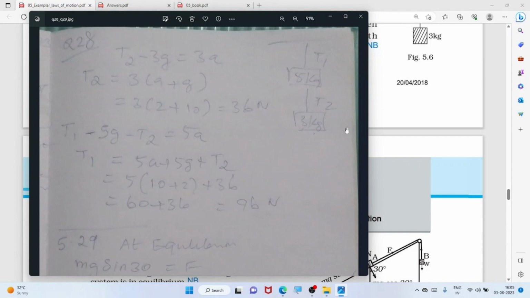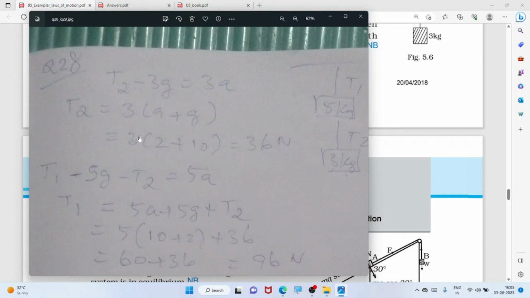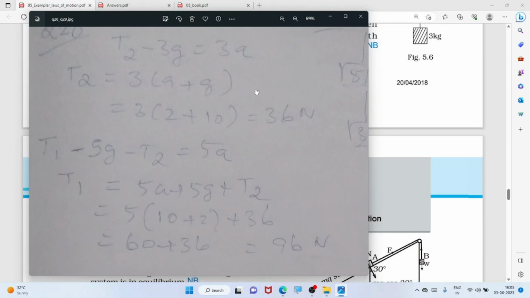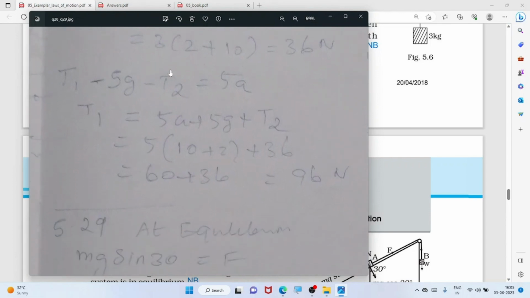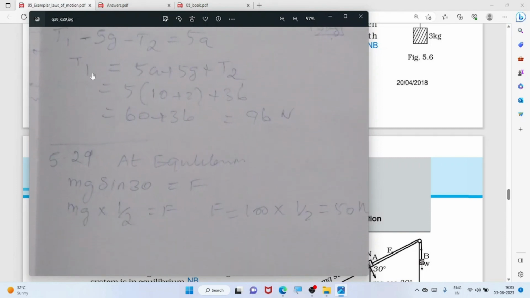Okay, 5 kg, 3 kg, T1, T2. T1 minus 3g equals 3a. Okay, this is upward and this is downward. So they are computing T2. Similarly, this is downward and this is upward force. And after that they are finding T1 and T2.